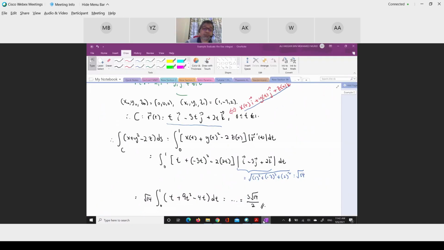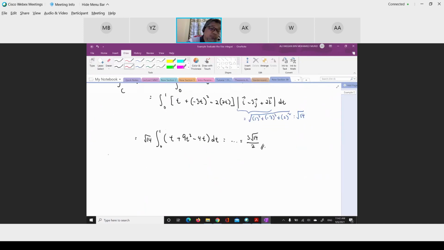Suppose C is the sum of two curves, C1 and C2, as shown here.